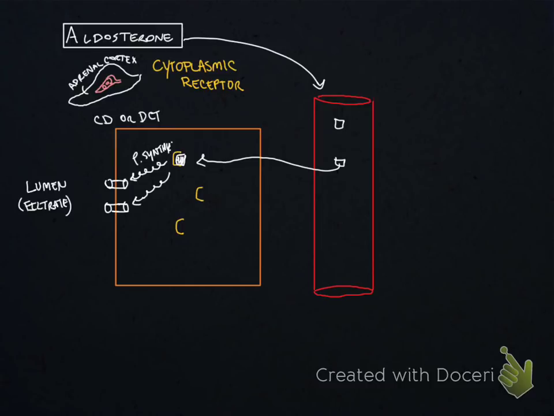The sodium-potassium pumps found on the interstitial edge, their activity is increased, and what it does is it starts to pump sodium. We'll do sodium first, sodium this way. But potassium this way.